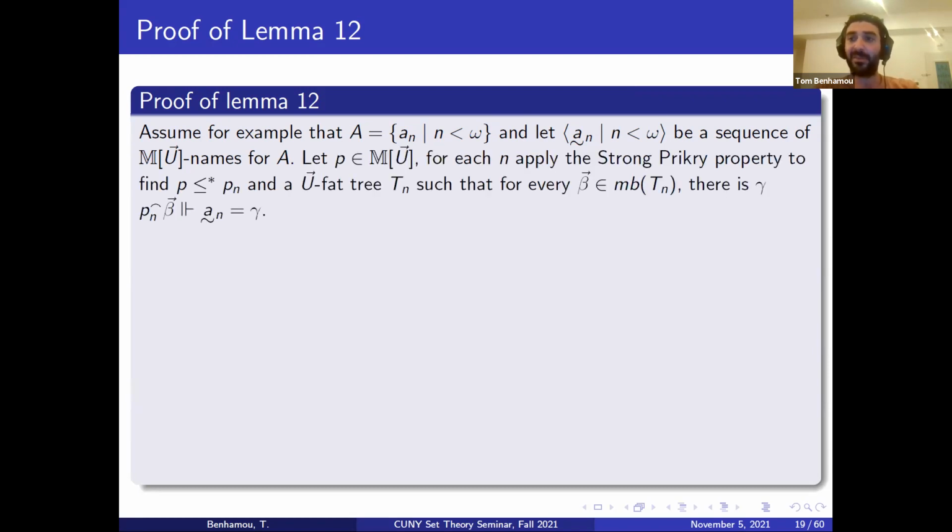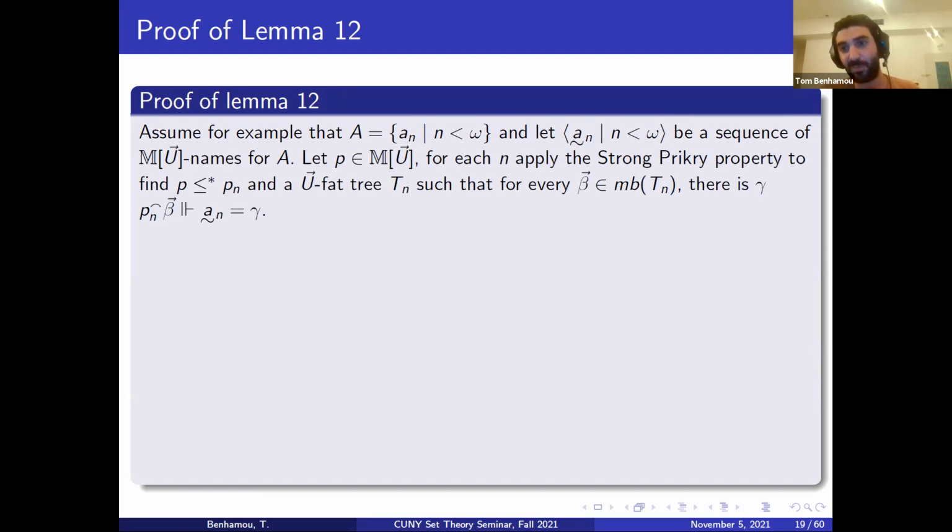Now let us start with the density argument. Fix any condition P in MU. For each n, we apply the strong Prikry property to the dense open set of conditions above P which decide the value of this name A n. This clearly is a dense open subset of MU.